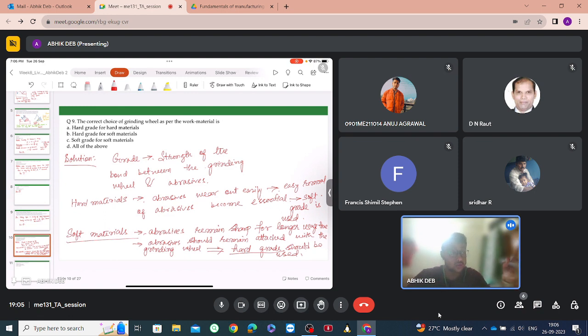It is not for using the grinding wheel for a longer time. It is for using the same layer of abrasives for a longer time, as they already retain their sharpness. Okay, sir. So the correct option is option number B.